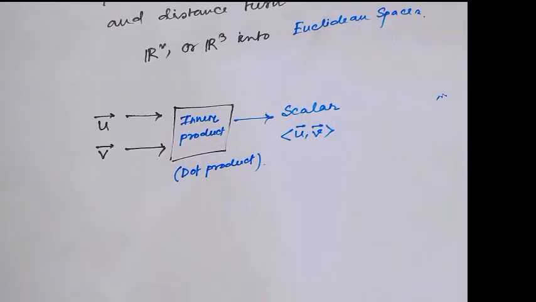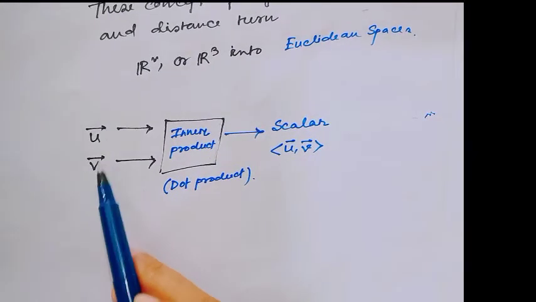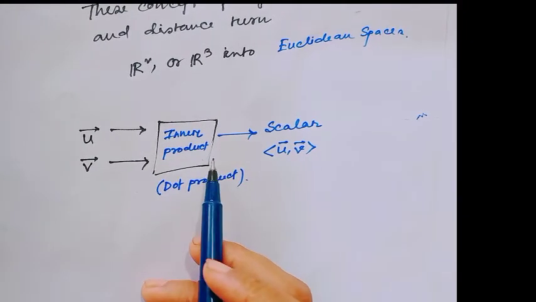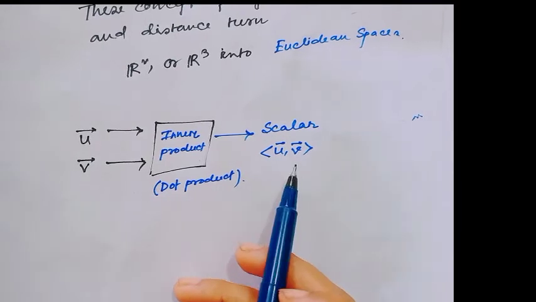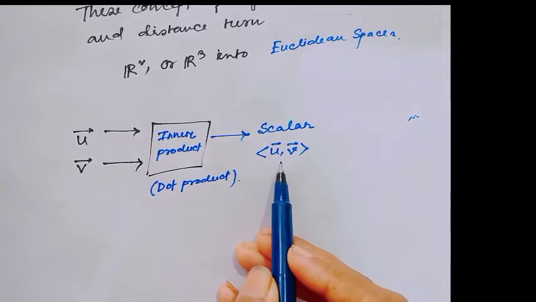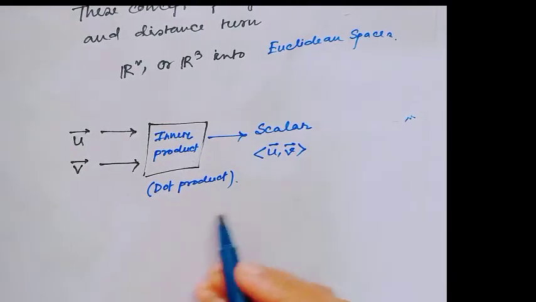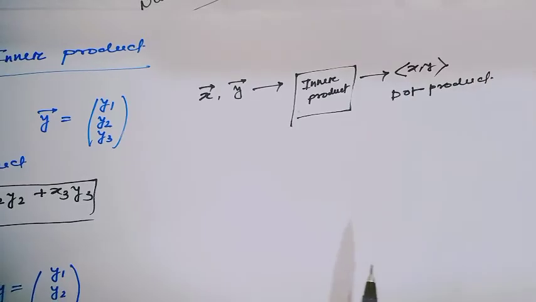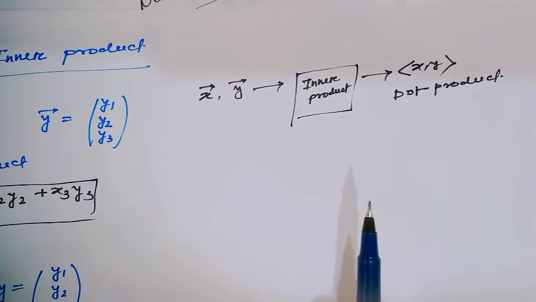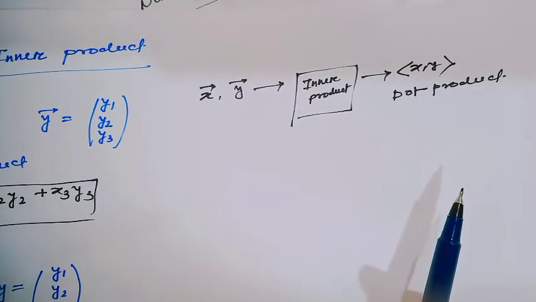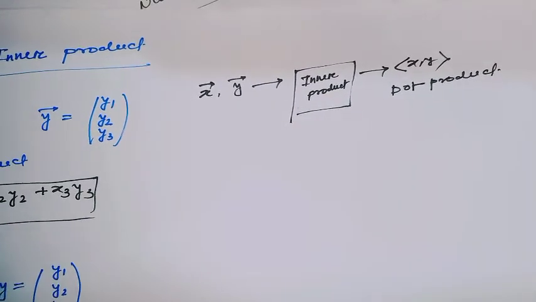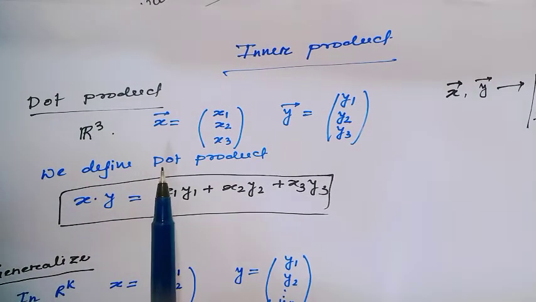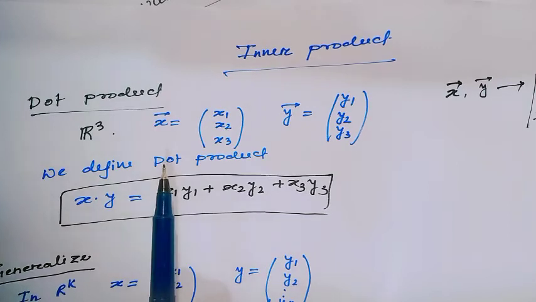In inner product, consider two vectors u and v, and the operation inner product replaces them with a scalar, inner product of u and v, which is actually the dot product of these two vectors. Since inner product is the dot product of two vectors, and we all know the dot product is of this type.